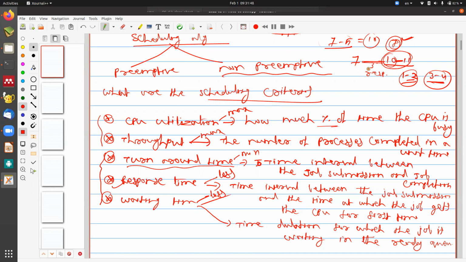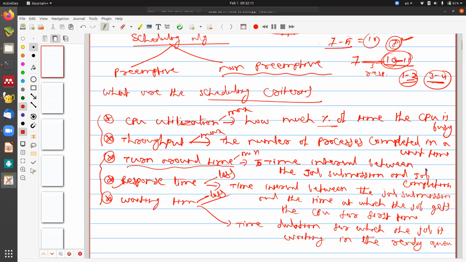That is called the response time. Waiting time, the definition says how much time you stayed in the ready queue. It means how much time you stayed, minus how much time you actually executed; the rest of the times you are in the ready queue, mostly. Okay, so that is the idea of these three things.